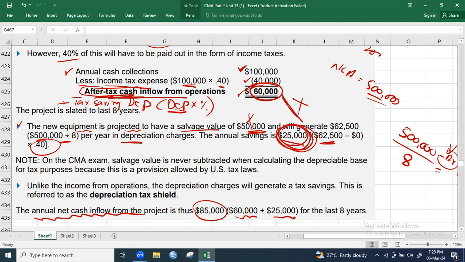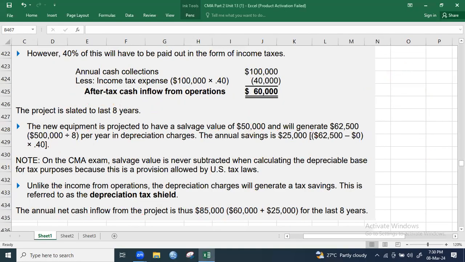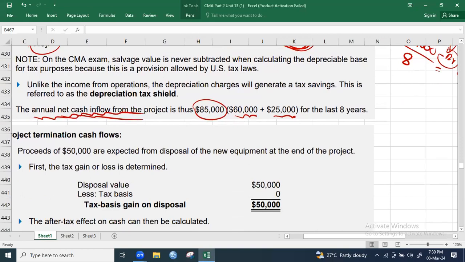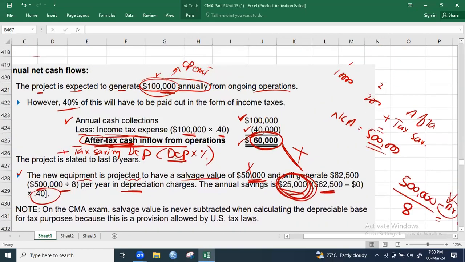So two things you need: first, the after-tax operational cash flows, then you add the tax saving on depreciation. This is called the annual net cash inflows from the project. Is that clear, guys? Now, guys, we have here the third cash flows. We are done with this.